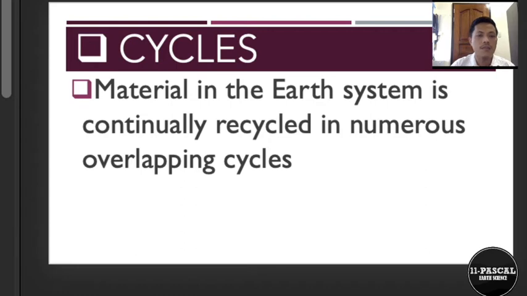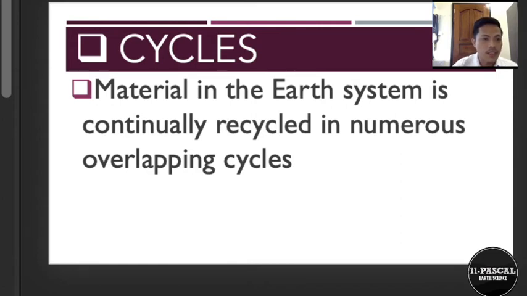For example, the water cycle can start from evaporation, ending in precipitation, or it can start with precipitation and end in evaporation. Actually, there's no beginning and there's no end.